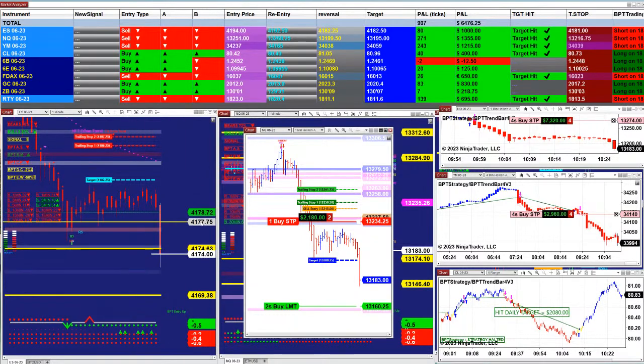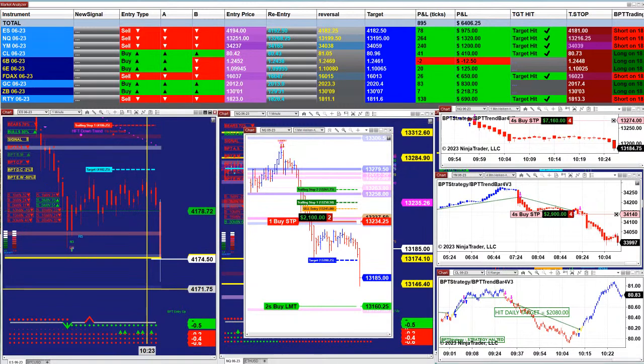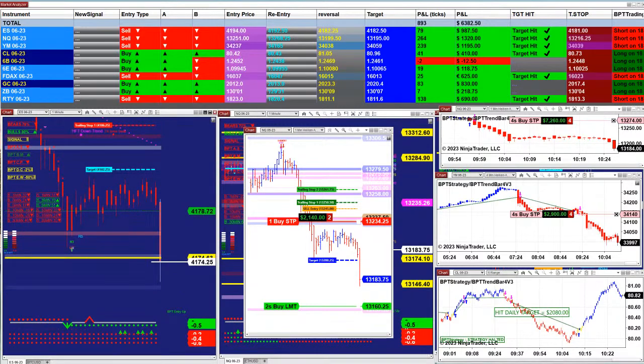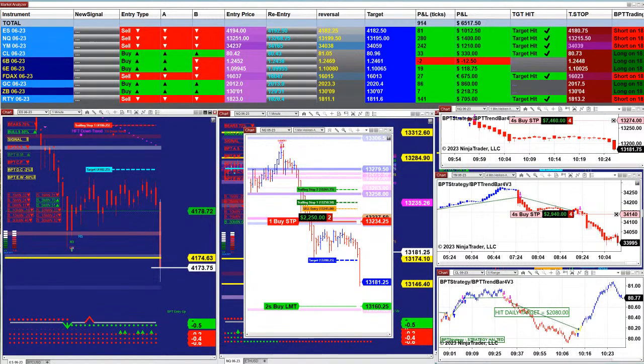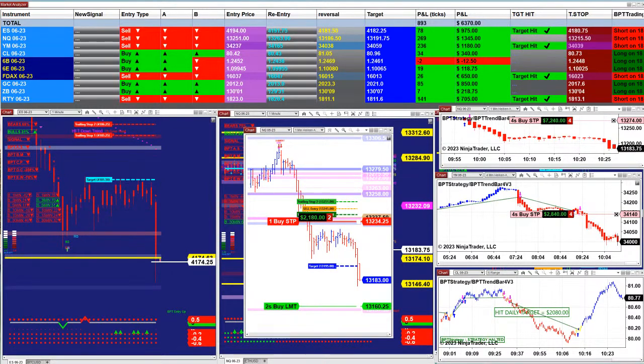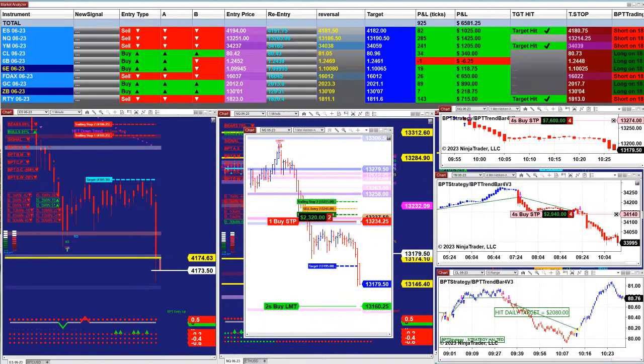And look where it is. Look where this market stopped. Look where the wick is on this ES. Right where we were expecting.